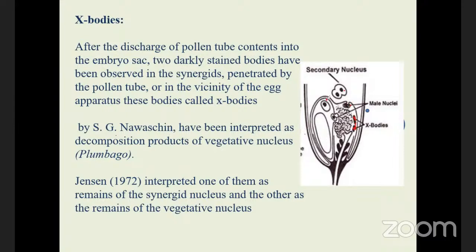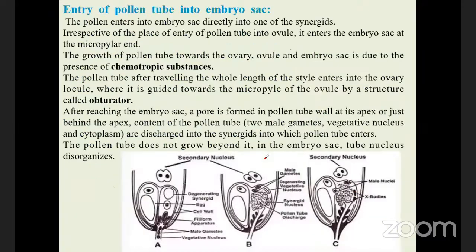Along with the male gametes, the X bodies are also present. These X bodies are nothing but vegetative decomposition products. These X bodies are sterile bodies or vegetative bodies which are present in the ovule embryo sac.